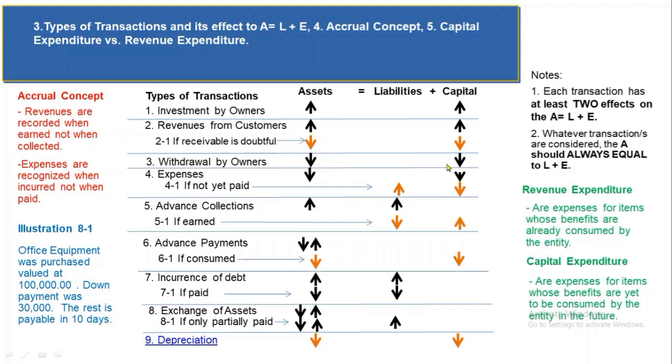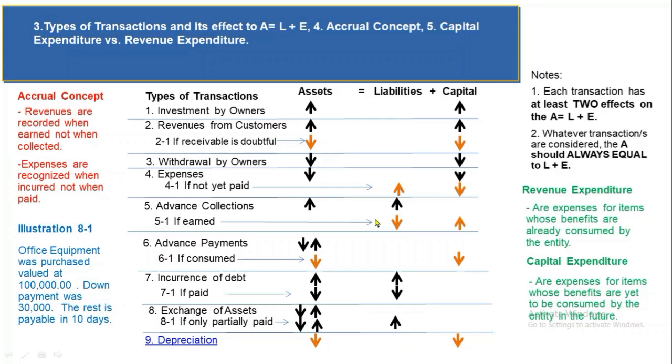So, we are back on this slide in order to tell you one thing, and that is, these transactions related to these arrows with orange colors are to be recognized usually at year end. For example, these doubtful accounts are to be estimated usually at the end of the year. Of course, if there are revenues that are already earned but the customers did not pay yet, or accrued revenues, those are to be recorded at the end of the year, as well as your accrued expenses.